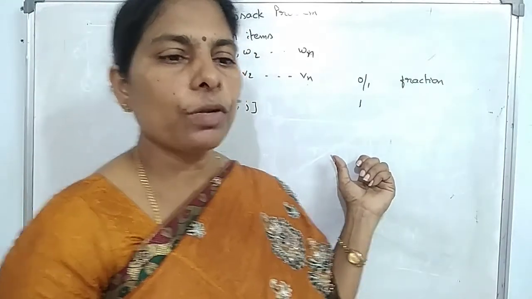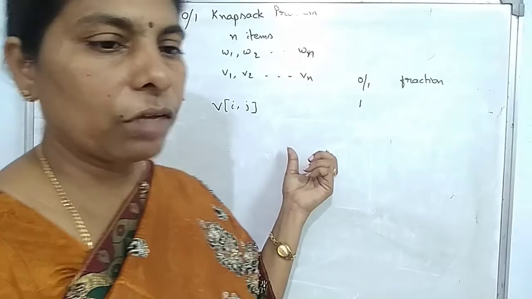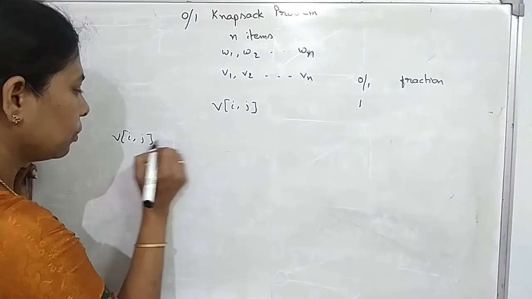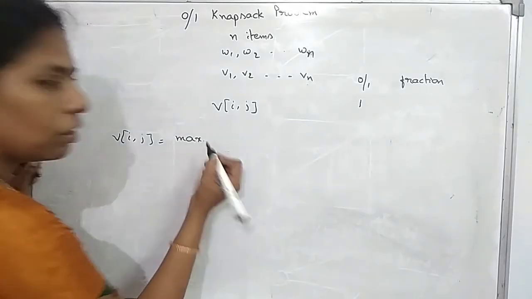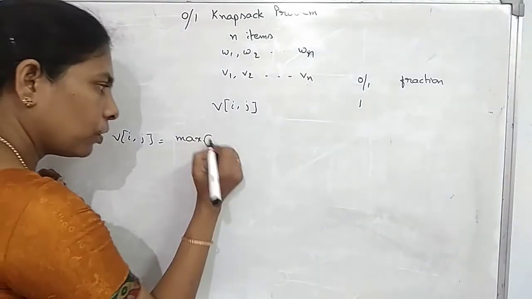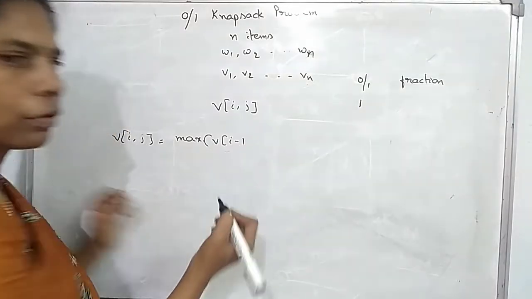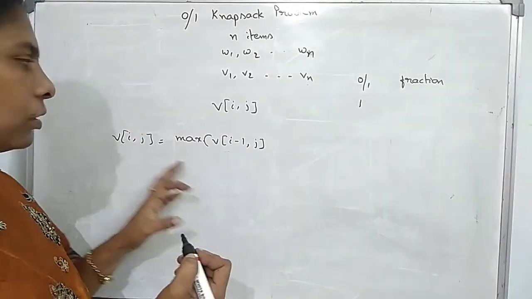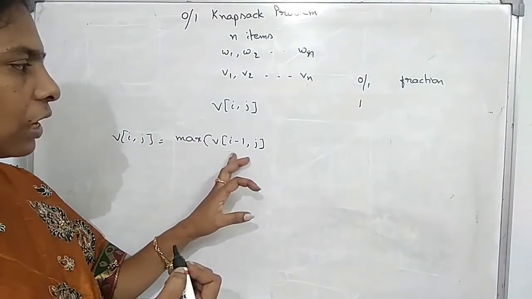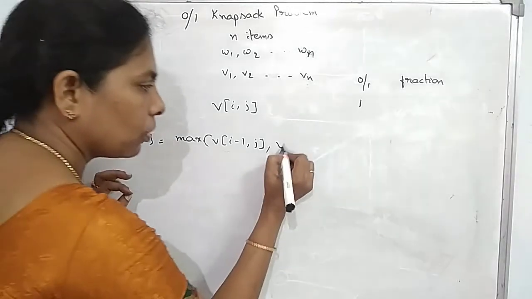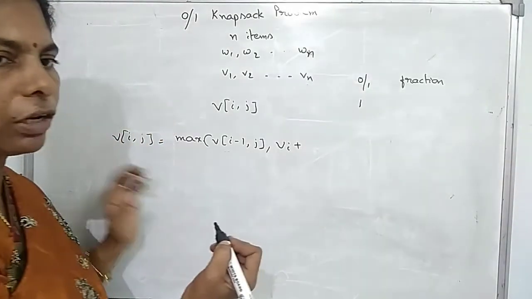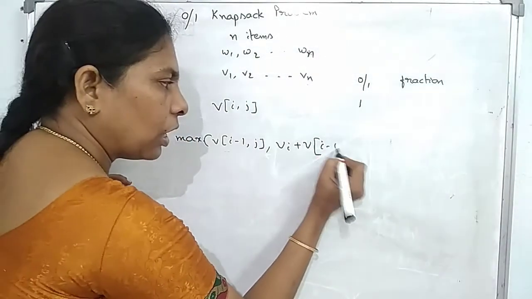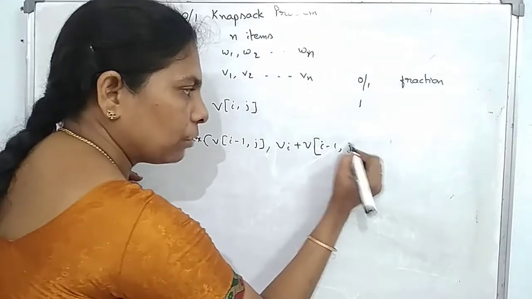If you want to do this, you can follow one equation. That means V of i comma j equals the maximum of V of i minus 1 comma j, and Vi plus V of i minus 1 comma j minus Wi.